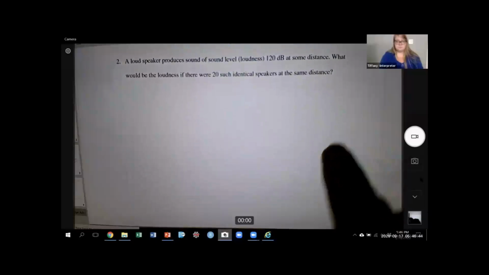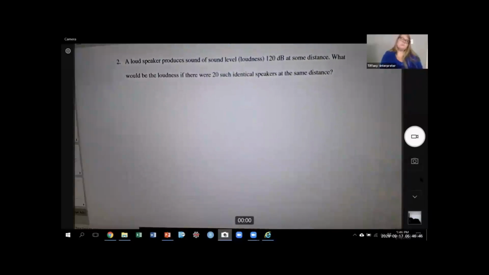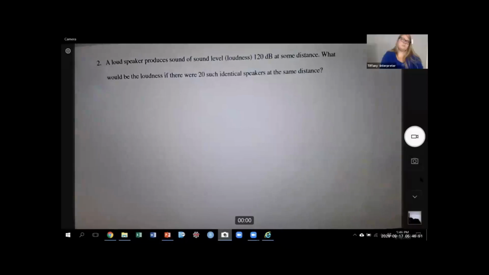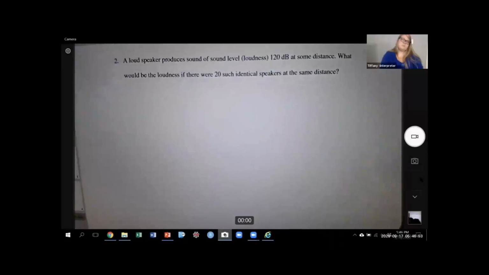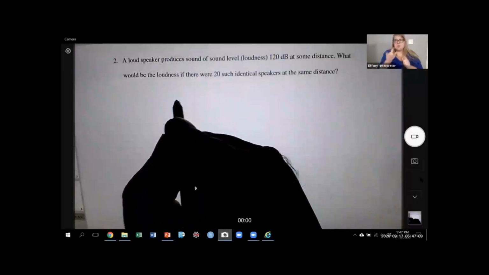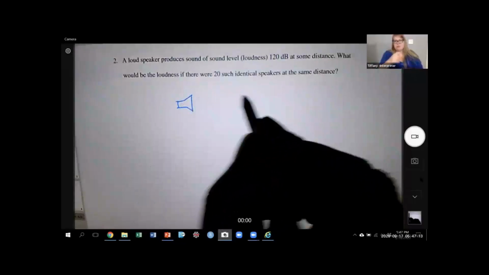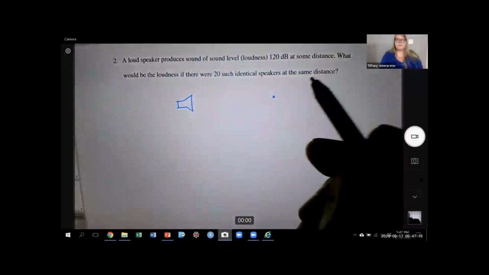Okay, next. This is the next problem. A loudspeaker produces a sound level of 120 decibel at some distance, right? Distance is not given. What would be the loudness if there were 20 such identical speakers at the same distance? So here's the question. You have one speaker, just one single speaker, at some distance, we don't know the distance.